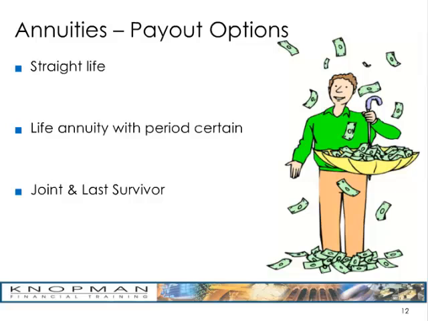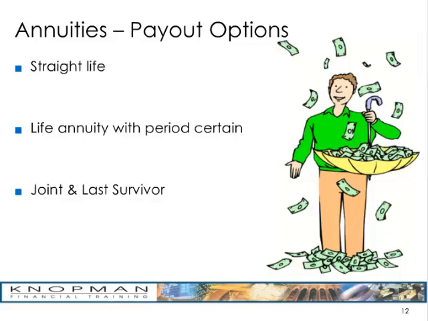A life annuity with period certain will pay monthly distributions over the lifetime of the annuitant, but with a guaranteed minimum number of years. Usually the period certain is typically 10 years. What that means is that an annuitant is guaranteed to receive money for at least 10 years.